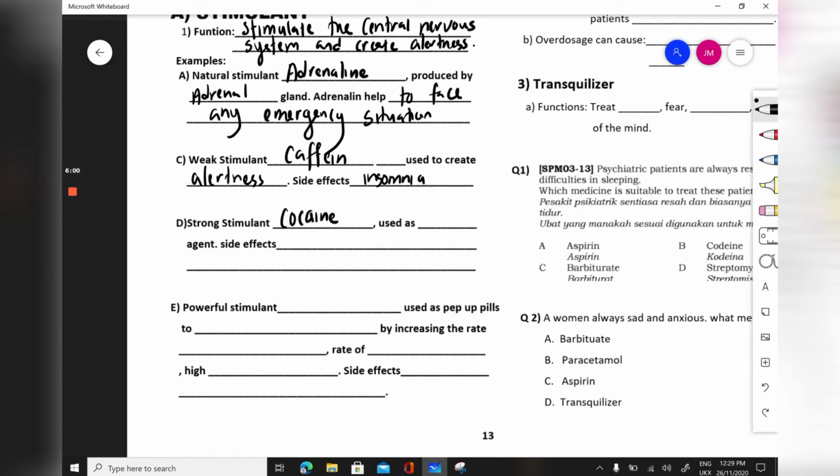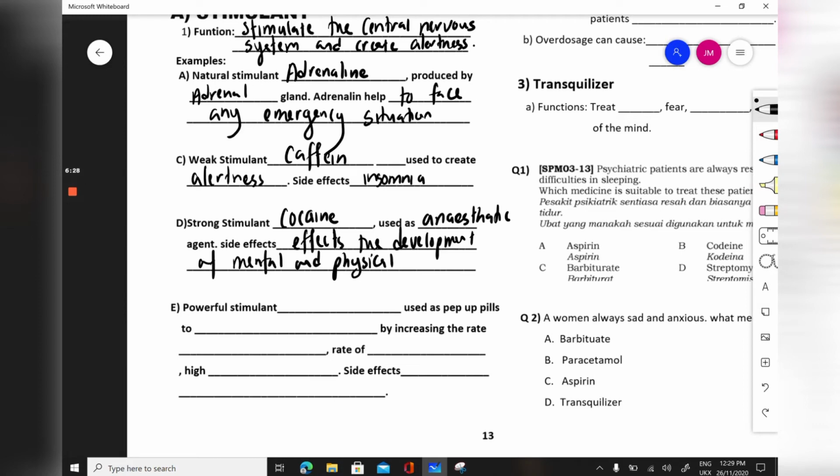This cocaine is used as an anesthetic agent to do major operations, like that. The side effects of cocaine can affect the development of mental and physical health, and it also can cause addiction.